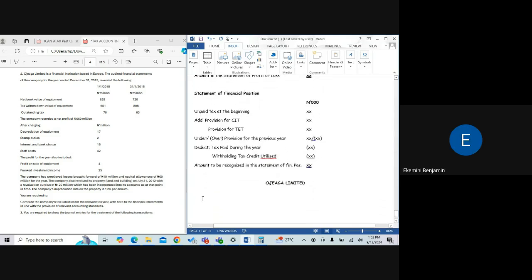Then what makes the difference? The difference is that your profit or loss statement contains the expenses side of things, right? While your statement of financial position contains the liability side of things.